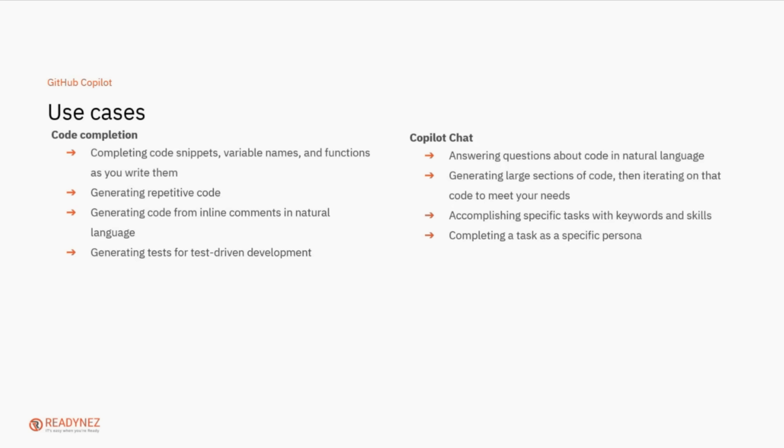So some use cases for code completion. As I start writing code, I can get it to generate code snippets for me. It generates suggestions, and I can do that either inline or with something else. So basically, the moment you stop typing or you press Control and I, or it depends if you're on Mac or Windows, it will prompt and add suggestions for writing code as you write.